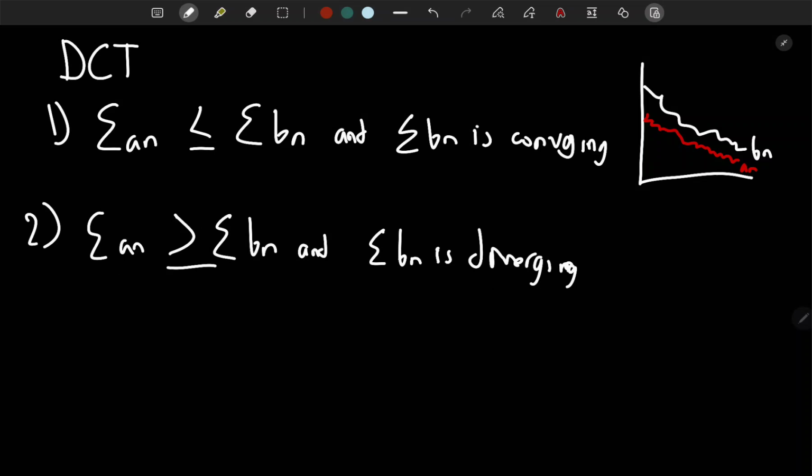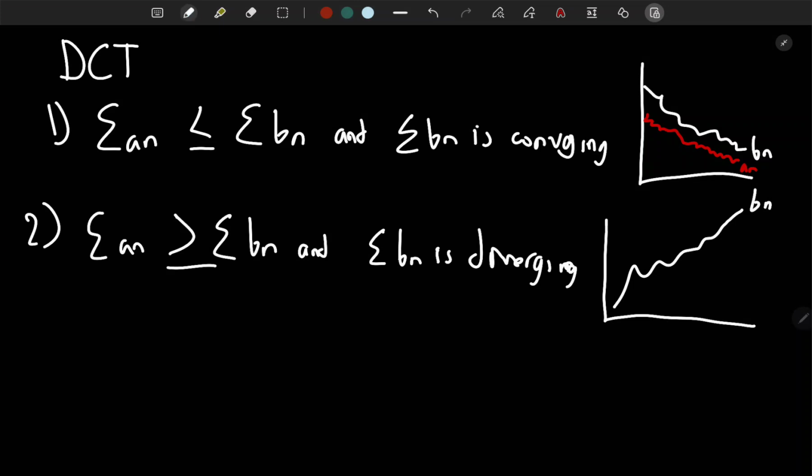So again, if we draw the graph over here, b of n is going to infinity, so it's always increasing. Let's call this b of n, and we see a of n is also increasing, it's more than b of n.